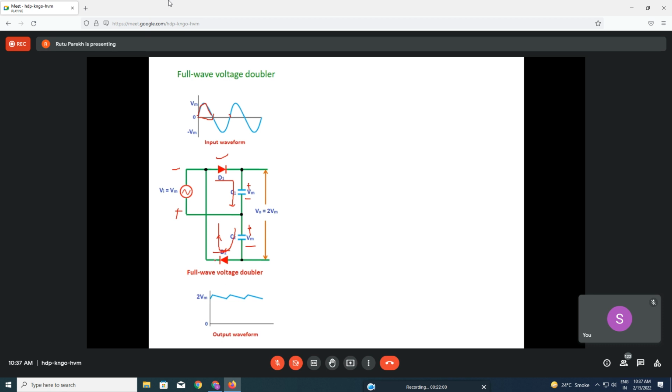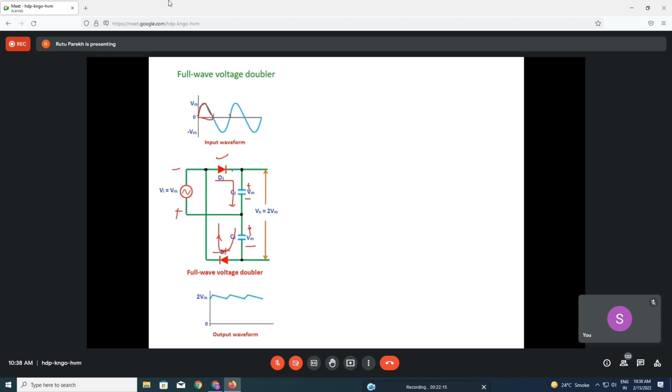So this is forward biased. So this is plus, this is plus, this is minus. Now you can understand the polarity is plus, minus, plus, minus.